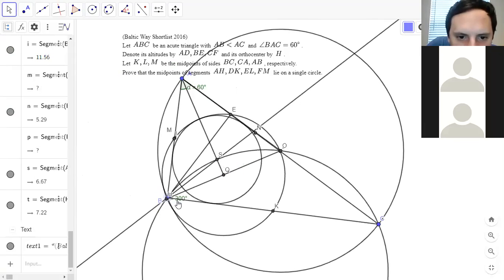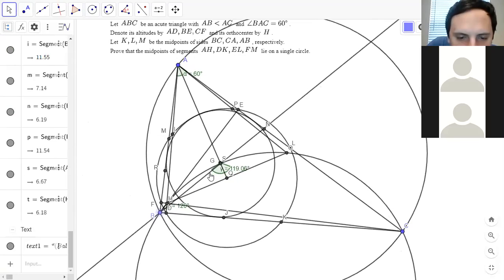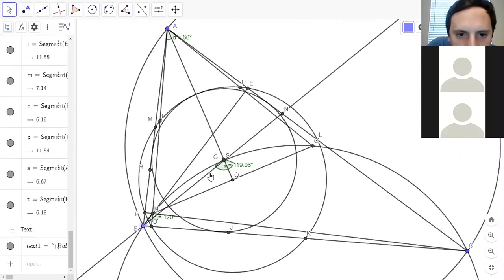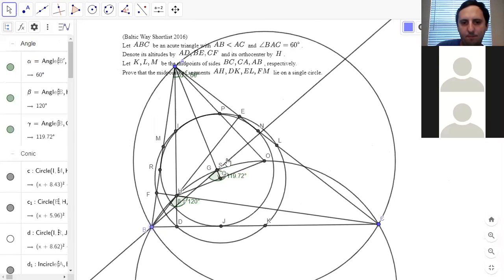Yeah, S and G I think are not the same points. So there's the in-center and then there's the center of that circle. They're not the same point. They're really close though. So we must approach another way.